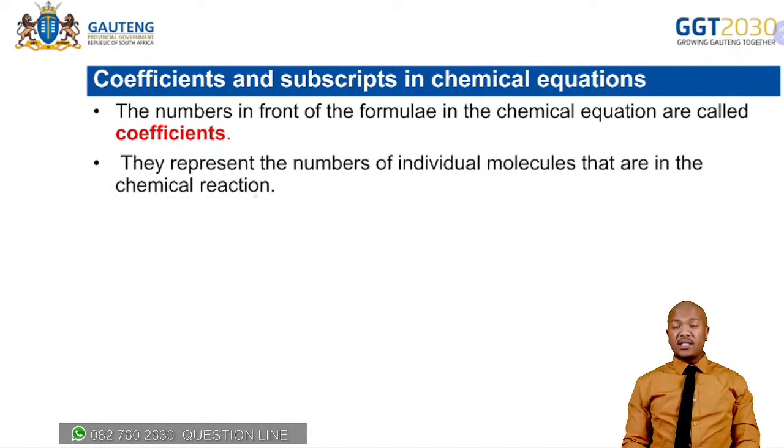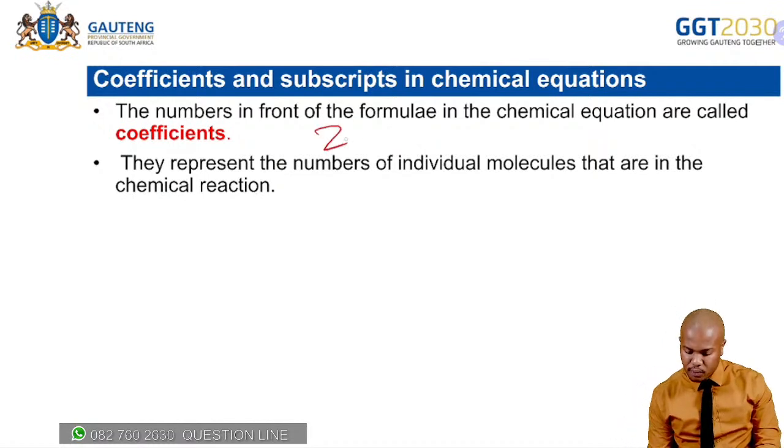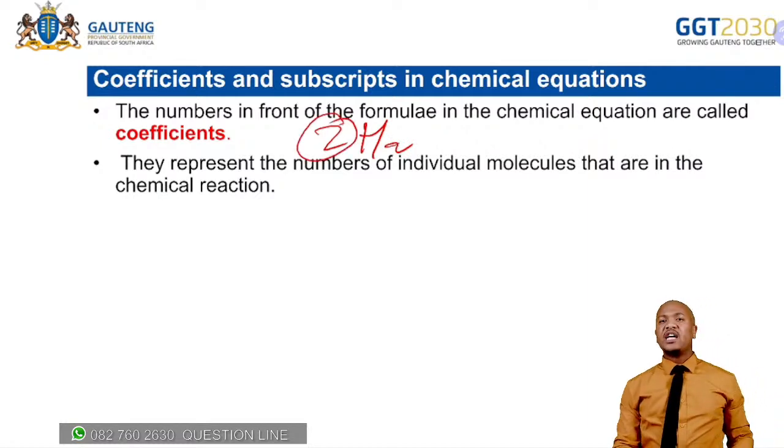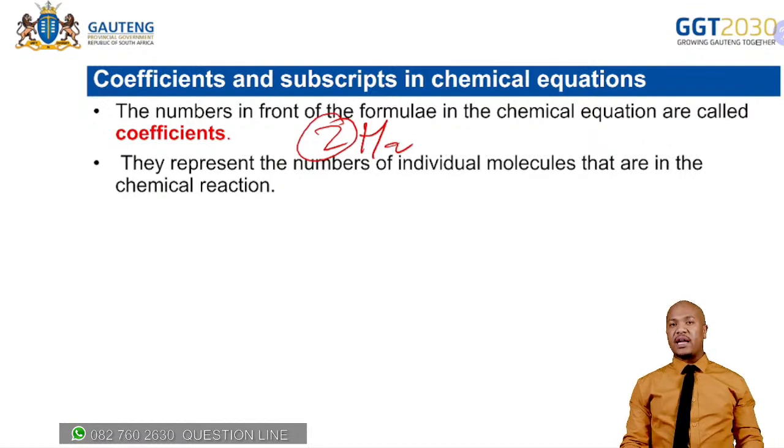And they represent the number of individual molecules that are in the chemical reaction. So your coefficient, it's this number that was put in front of the 2H2. This one, this big 2 here. That would be your coefficient.